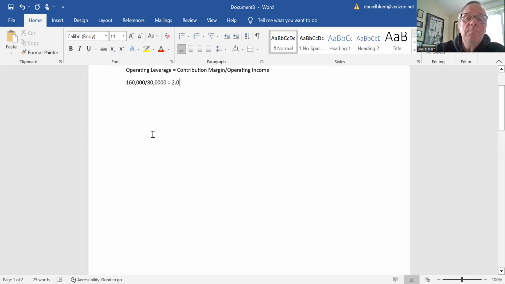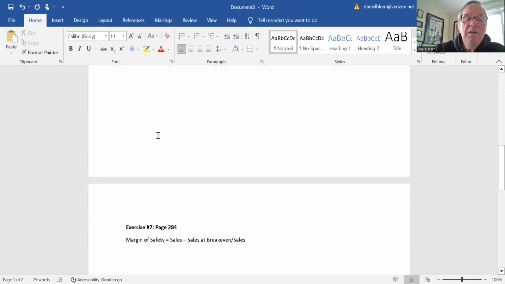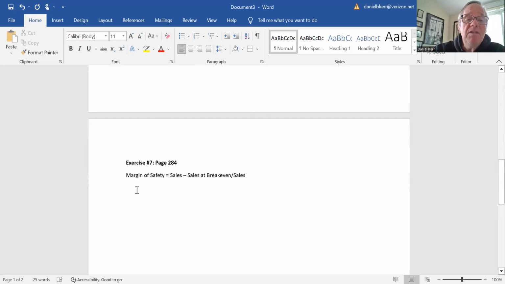Operating leverage of 2. And in the next one, you have to get the margin of safety. So the margin of safety starts with the current sales level, which was given as 1,750,000, and the break-even sales were 875,000.